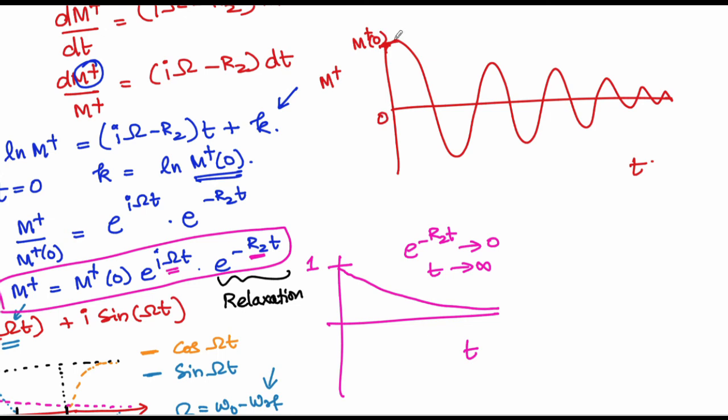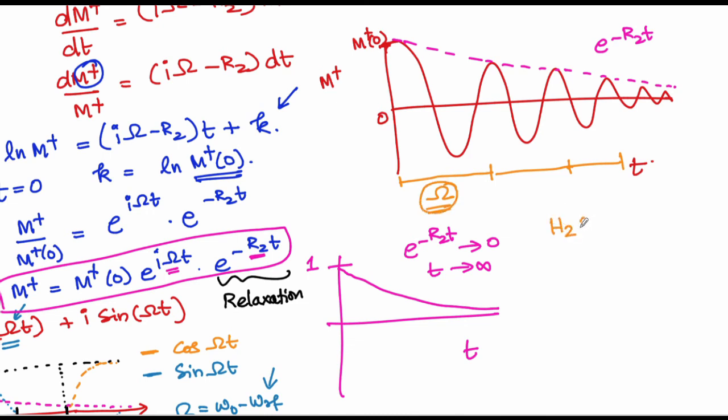And there are 2 components that go here: the decay part, that will be e power minus R2t, and the oscillation part. Of course, in this you will get the time period. From the time period you can get the frequency, and from the frequency you can therefore get the offset. We are showing a plot here for a single case, let's say for water, where the carrier is not set to this water proton.